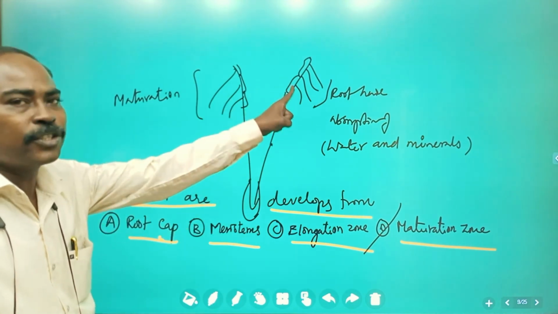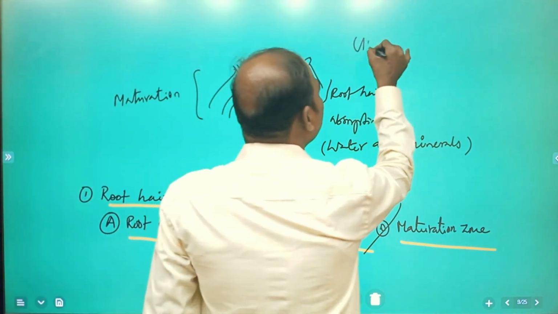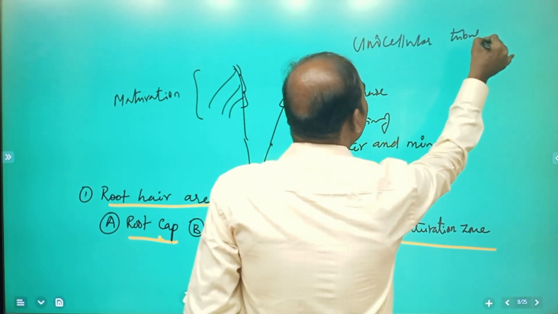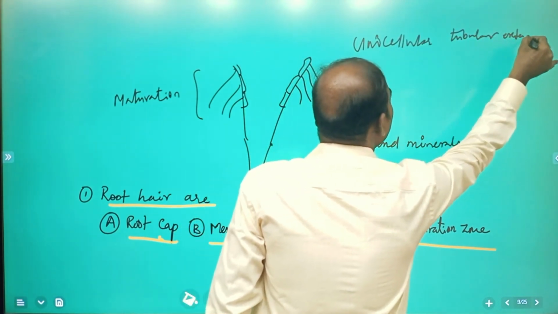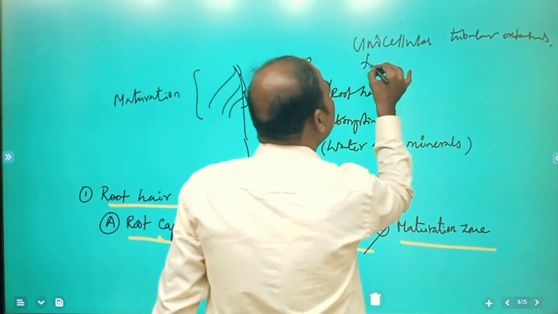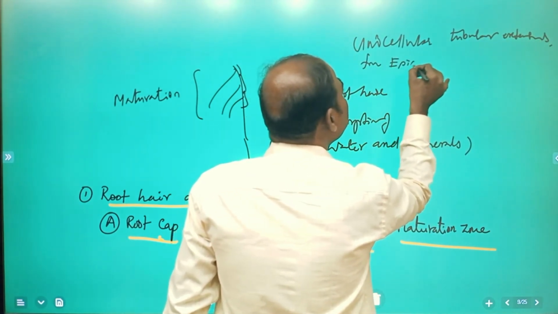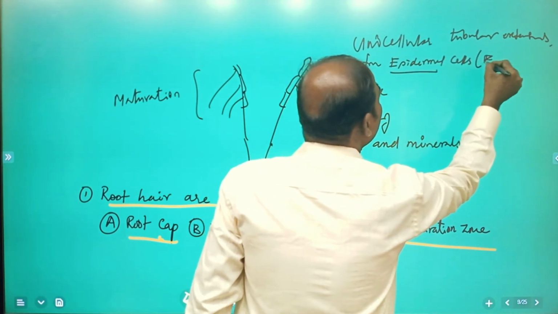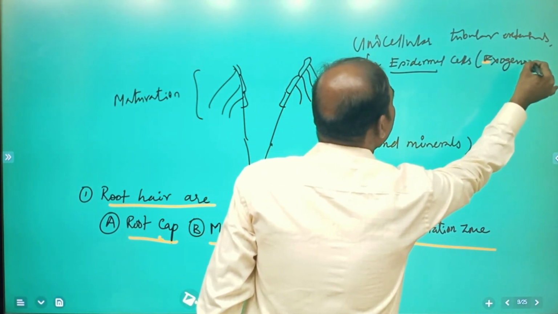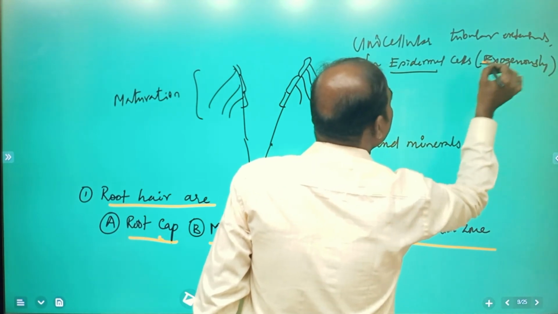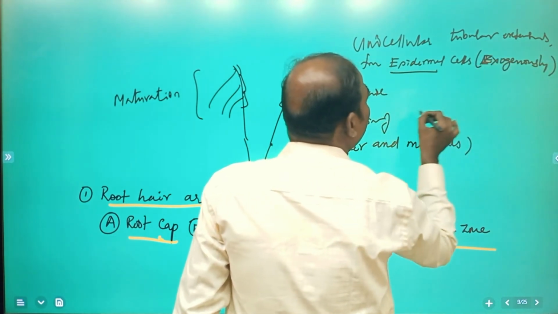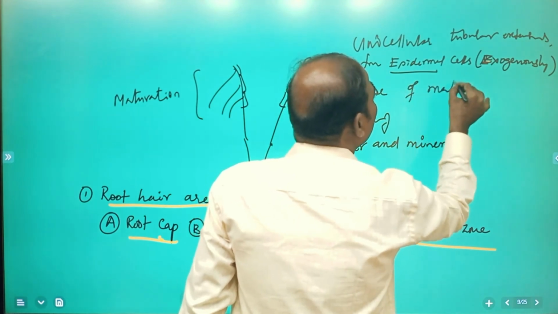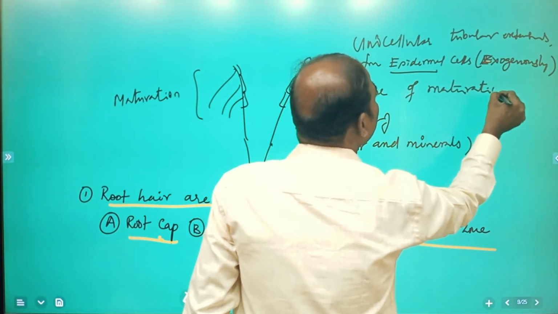Root hairs are unicellular, tubular extensions developed exogenously from epidermal cells of the maturation zone.